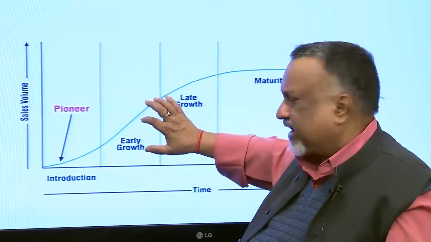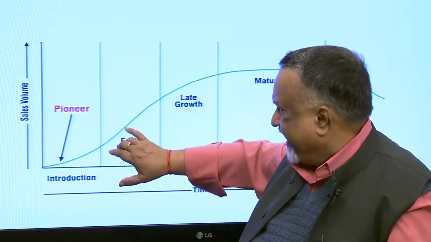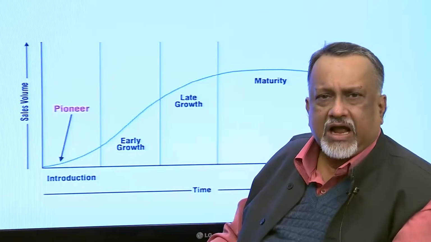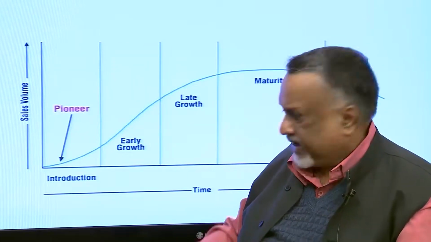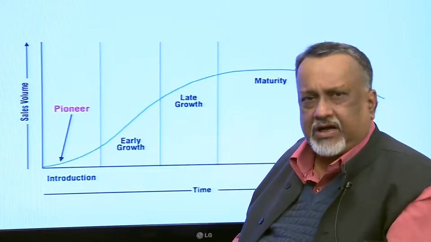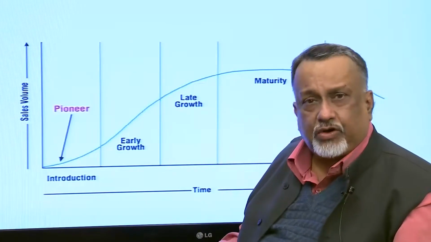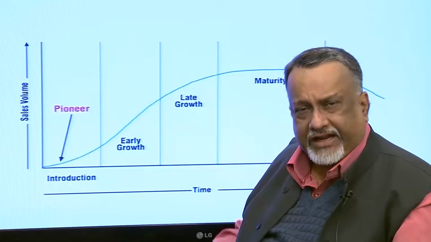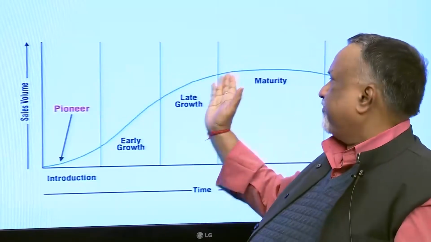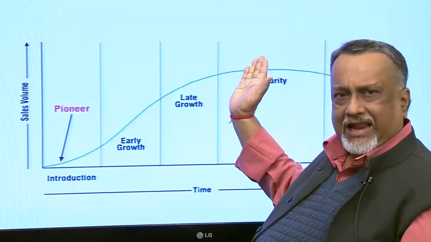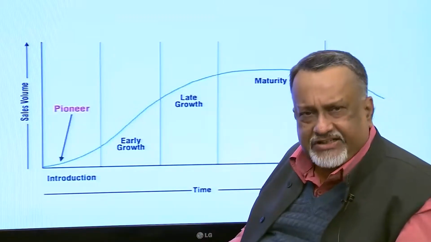Then we have this early growth part of the market. Here the customers are what we call the early majority, coming from this early adoption, and then we have the late growth, or we can also call it the late majority. Then the market sort of matures and then it declines.